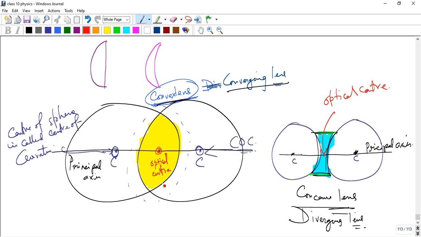And if I join this line, the radius of the sphere is called the radius of curvature.